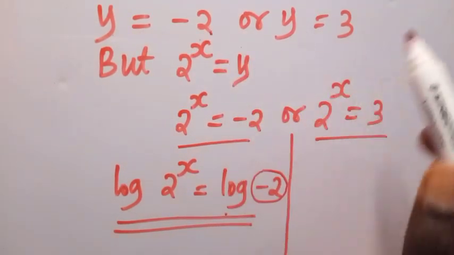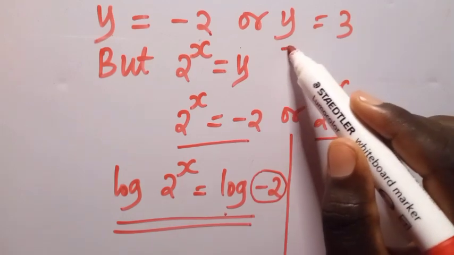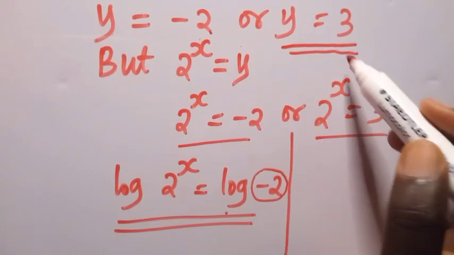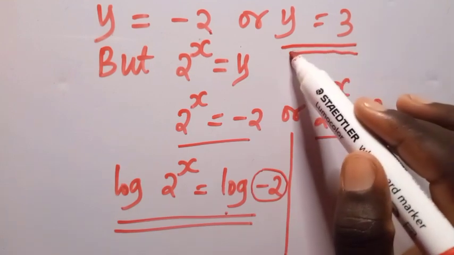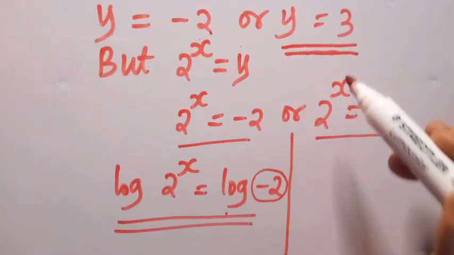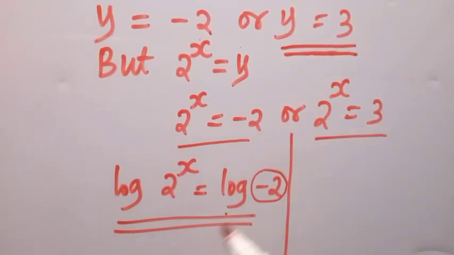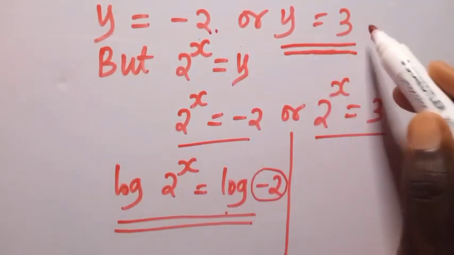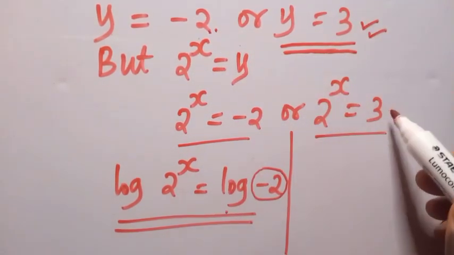We only consider the value of y as positive 3, because it is possible to find the logarithm of a positive number but not a negative number. And therefore, we ignore this and we move with this one.